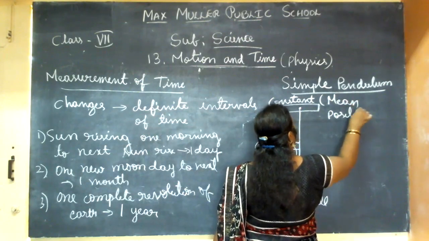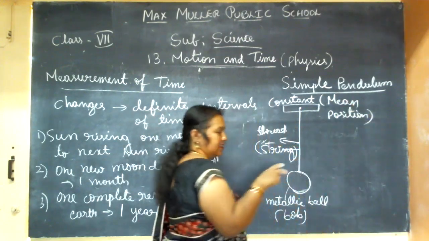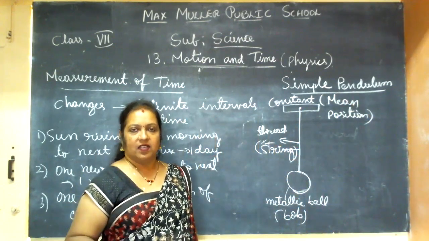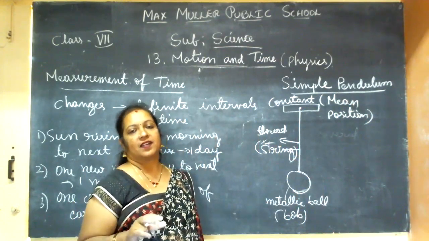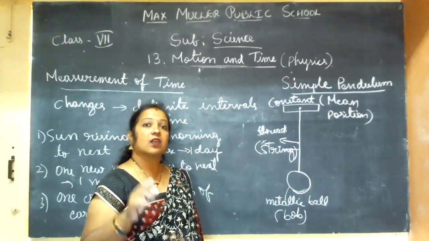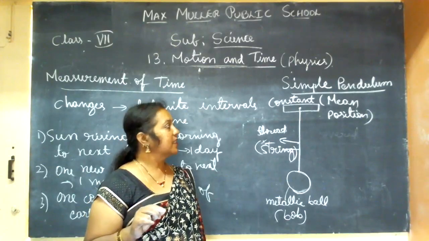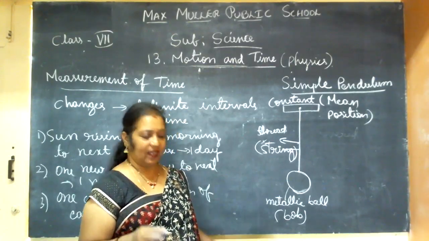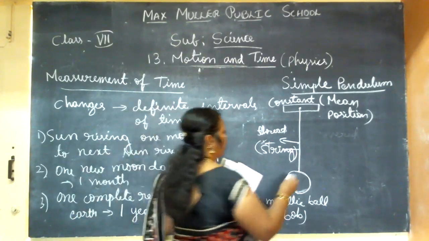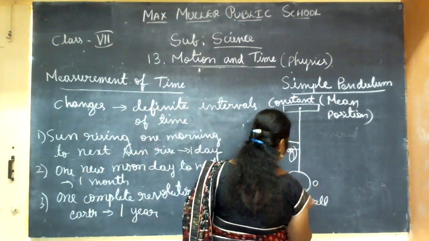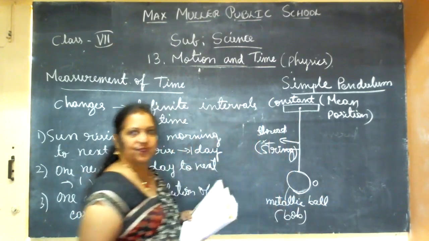The ball is not moving. It is just standing erect, not moving left and right. So it is in a constant position. That is the mean position, named as the O position.